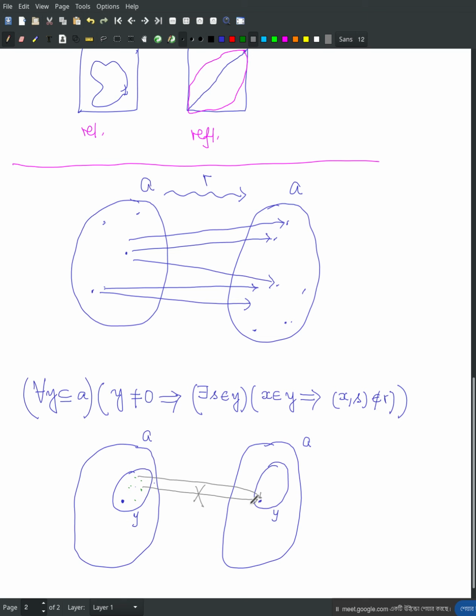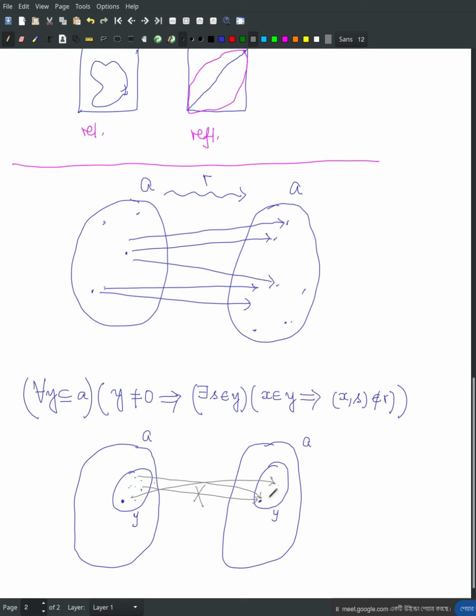So, in other words, for all subsets, obviously there could be things going out from this, there could be things which are related to this, but nothing is pre-related.